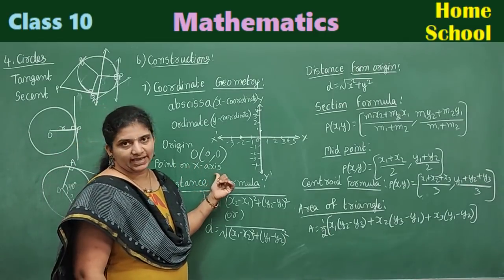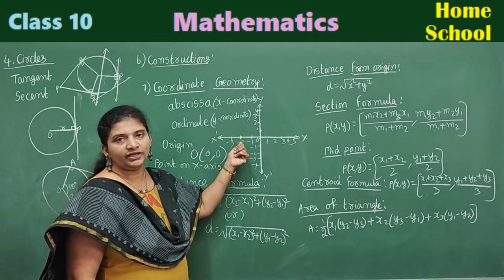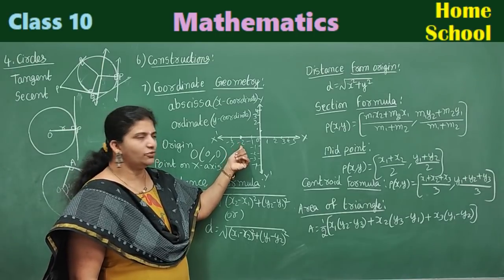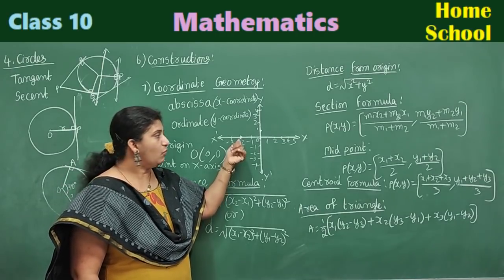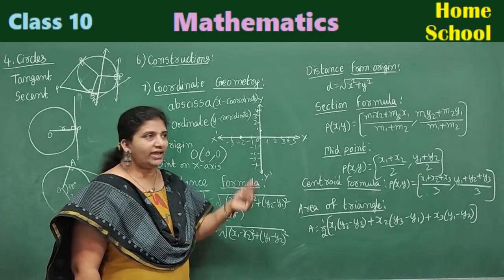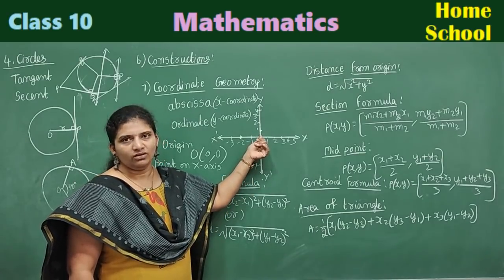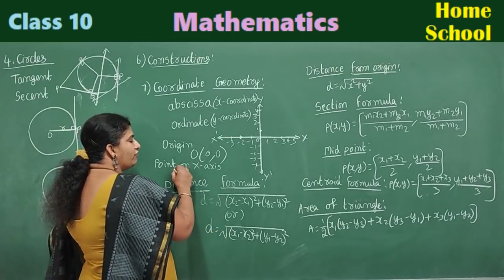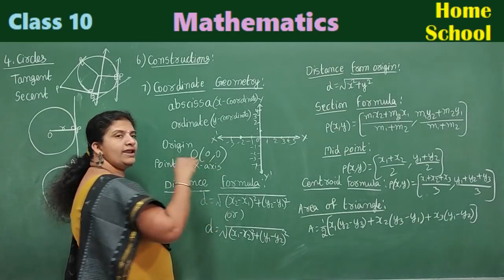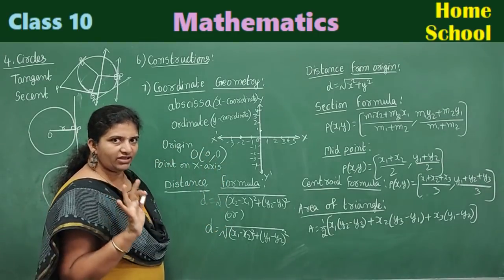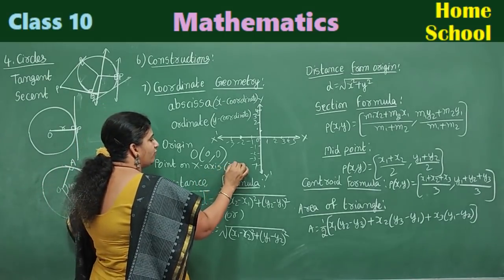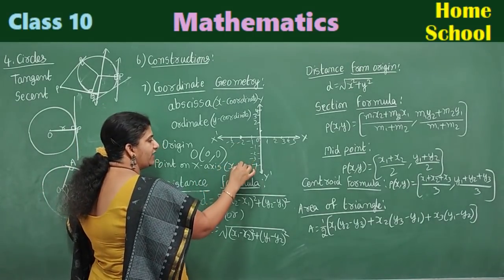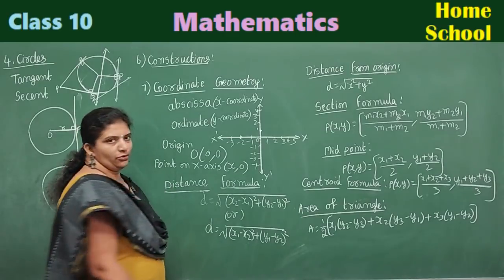Point on the x-axis. Suppose I take a point here on the x-axis, and its value is -2. Then what about y? Y is 0. On the y scale, what is the value you have? 0. So therefore, what can you say? For a point on the x-axis, x will have a value and the y value is 0.